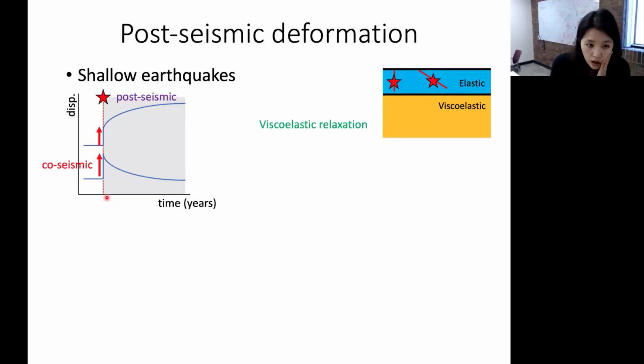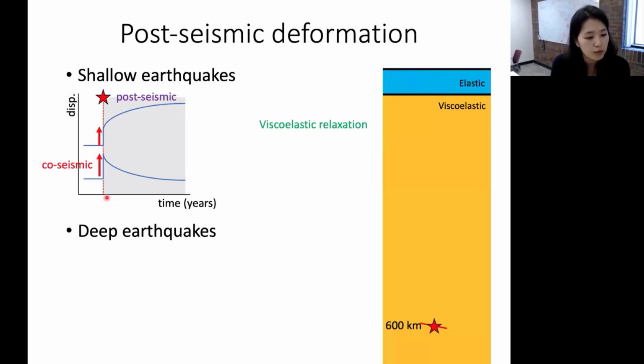So then I thought, can we actually do the same, but for deep earthquakes? And by deep, I mean really deep, like 600 kilometers down there. If we can observe this, then this postseismic deformation observed at the surface should be sensitive to the viscosity structure of a much bigger range of the mantle.